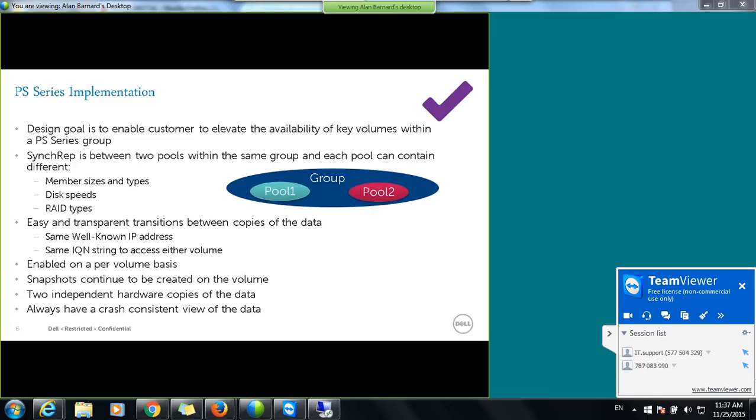Yes, because what's happening in the background is it only sends acknowledgement after it writes to both pools, which means it's crash consistent. If the primary one goes down, then the data between those two are always the same, because nothing will be acknowledged if both are not in sync.